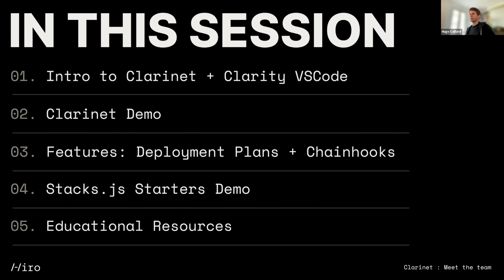Then the biggest part will be the second one, the Clarinet demo. We will do a real deep dive of all the features there are with Clarinet. Then we'll talk about 2 new features, and I will finish with a quick demo of the Stacks.js starters project, which allows you to quickly interact with a smart contract deployed on the Stacks blockchain.